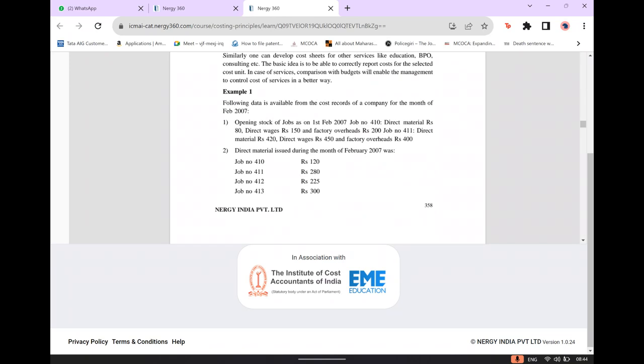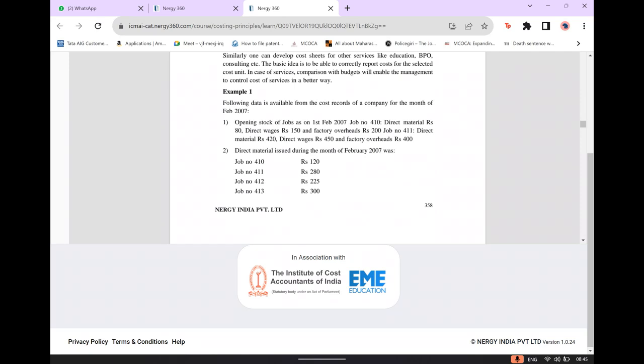The opening stock at jobs as on 1st February: job number 410, direct material 80. This is the opening stock of job, that means the opening stock of raw material. The wages also is there and factory overhead is also there.